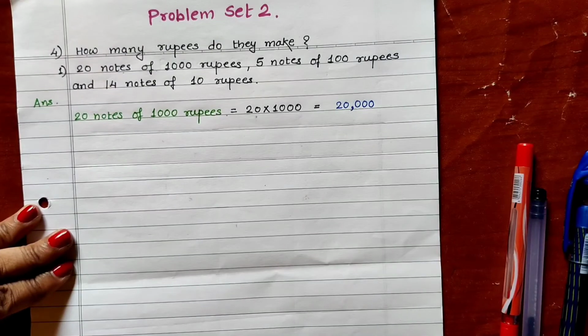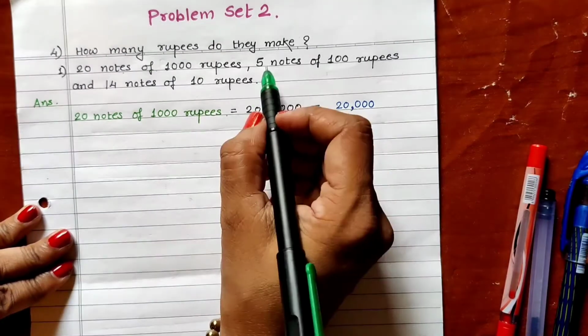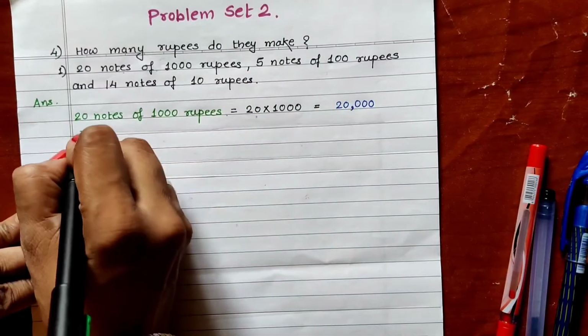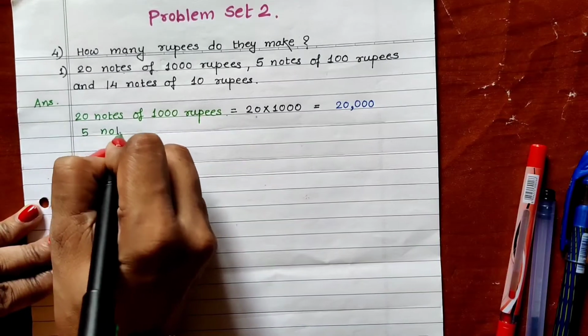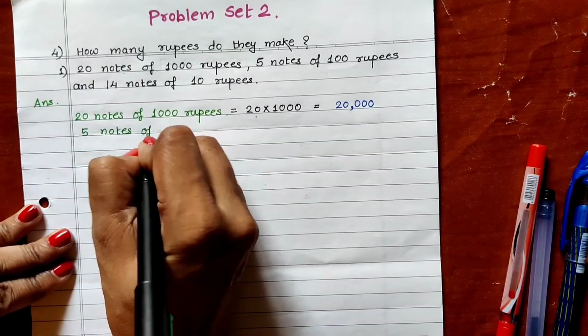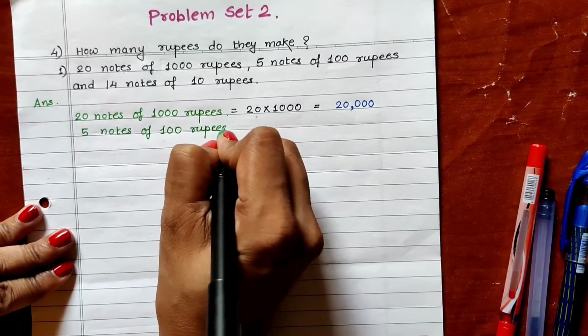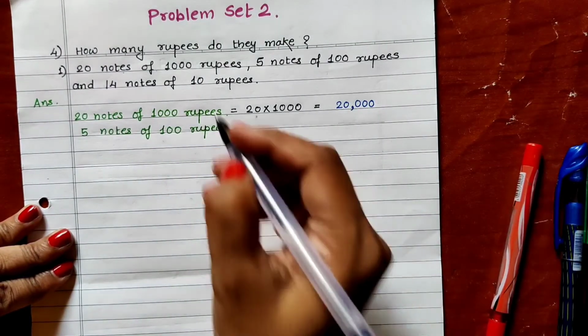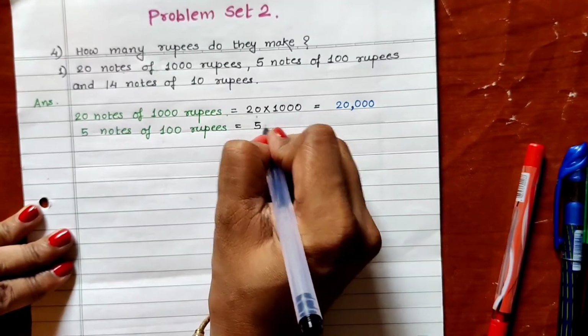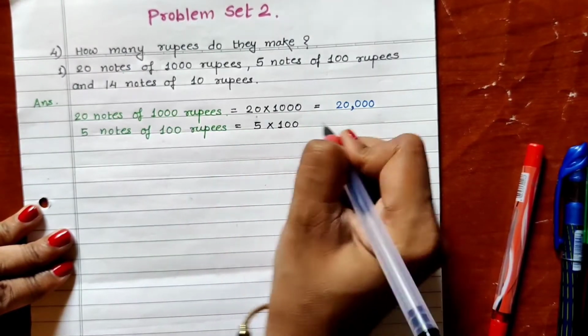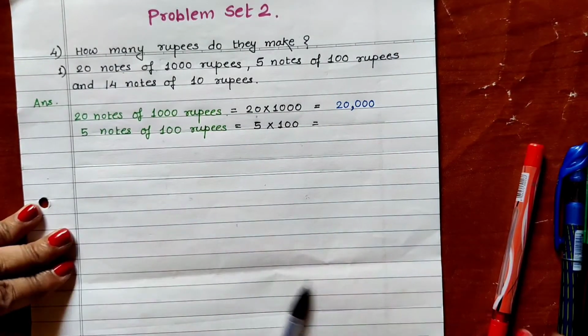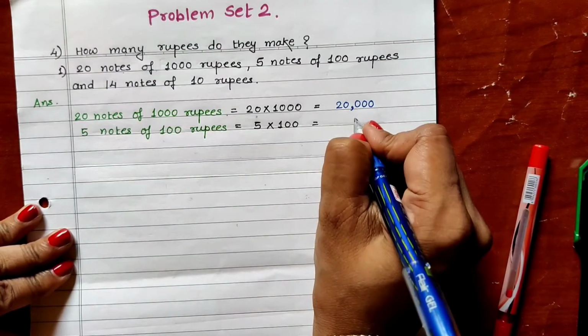Now the second is 5 notes of 100 rupees. It means 5 into 100. What is 5 into 100 equal to? It is 500.